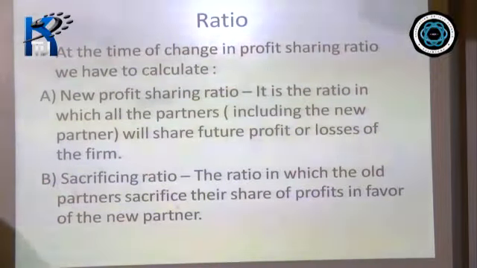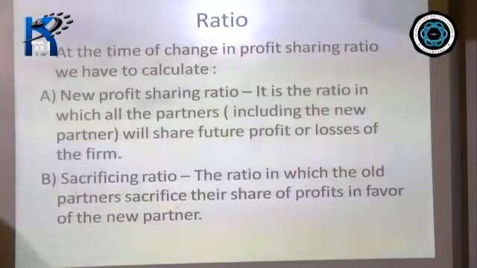And how much is Chetan getting? Chetan gets 1/4. In order to make the denominators equal, we multiply 4 by 8 to get 32. So we multiply the numerator and the denominator. So the answer will be 15:9:4.